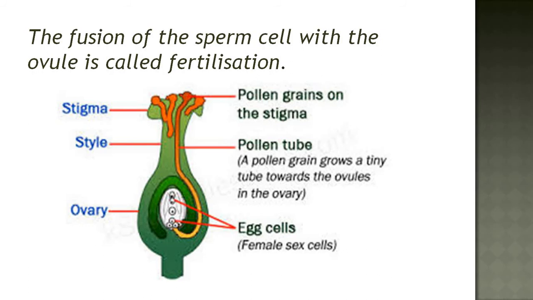Let's understand clearly with this diagram. This diagram shows the process of fertilization. You see the stigma. After pollination, many pollen grains fall on the stigma. Then all those pollen grains produce pollen tubes, and one of the pollen tubes increases in length, passes through the style and reaches the ovary.